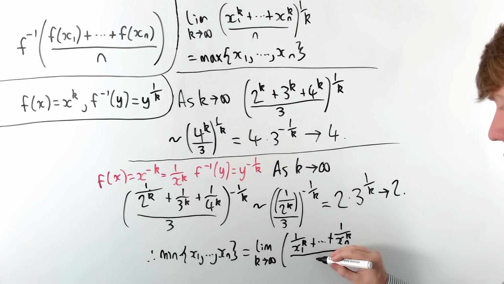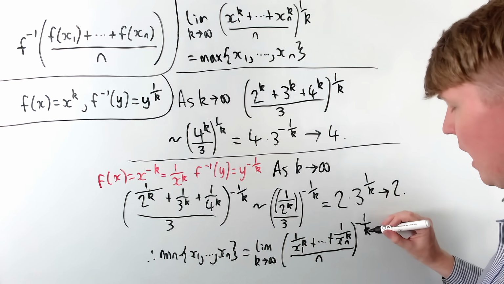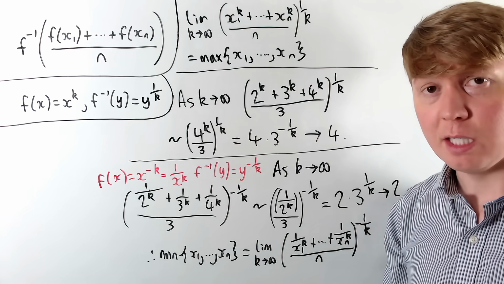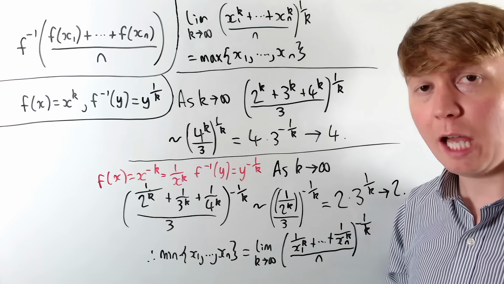And we'd have to divide all of this by n and then raise this to the power of negative 1 over k. So we've got the minimum and the maximum then, but we shouldn't really think of these as means because we haven't expressed them using this formula with a function f, but we can think of them as being limits of means.